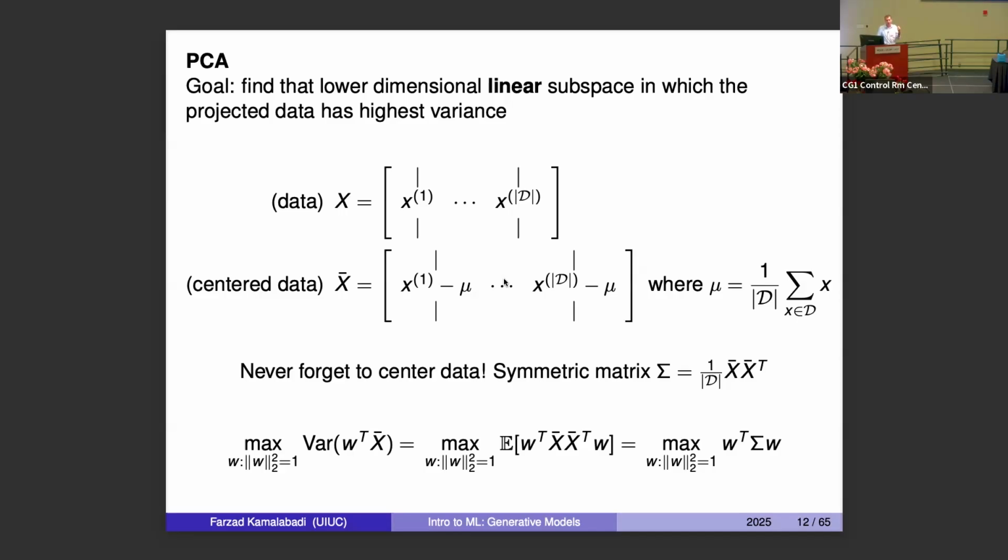And by the way, a lot of times you can do that in statistics. You remove the mean and you add it back. And we'll see that here in this case as well, when you go in the reverse direction.